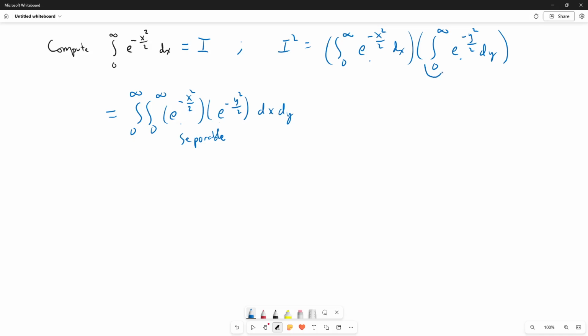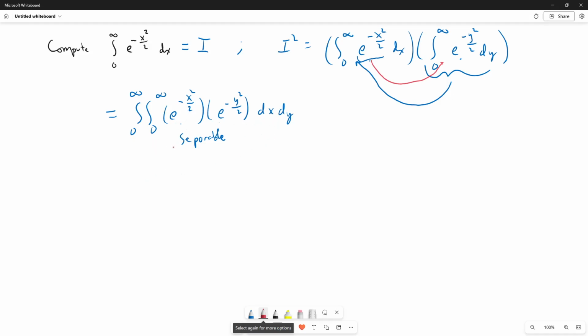Essentially, this one is a constant. It can just come right inside of that one. And then this is a constant with respect to y, and so this function could come back inside of this one, and you end up with this.